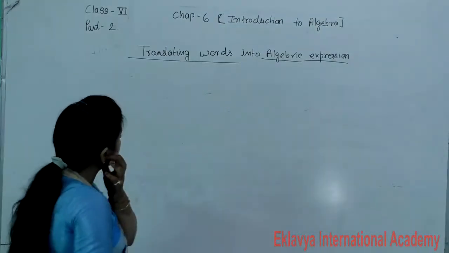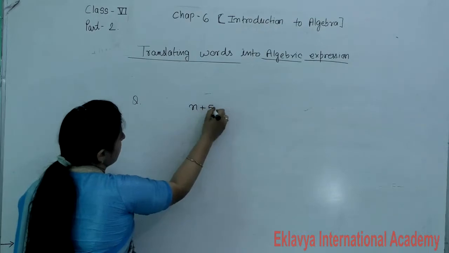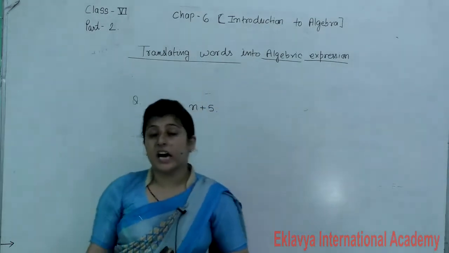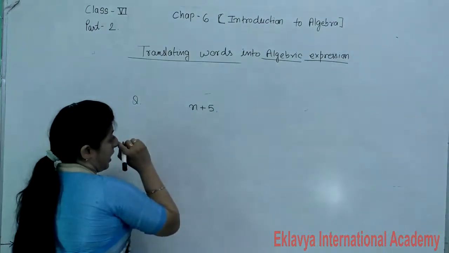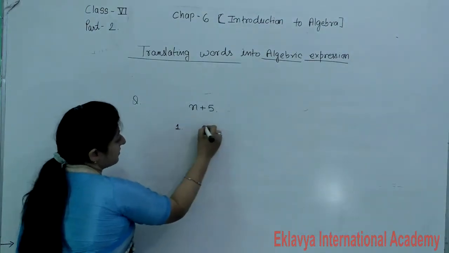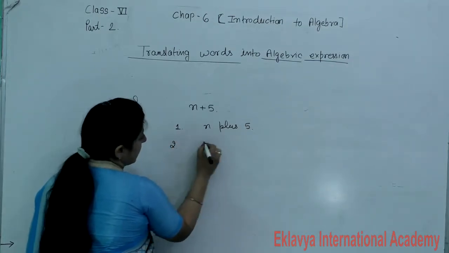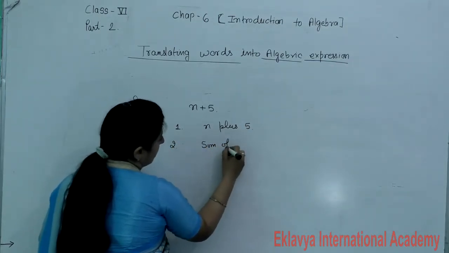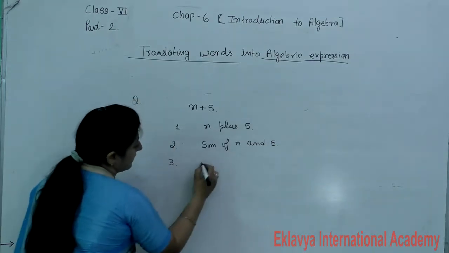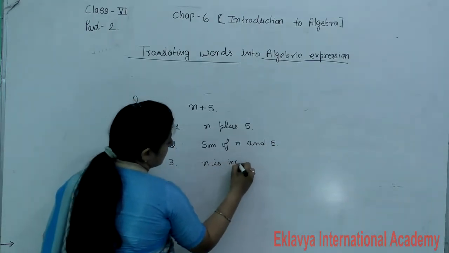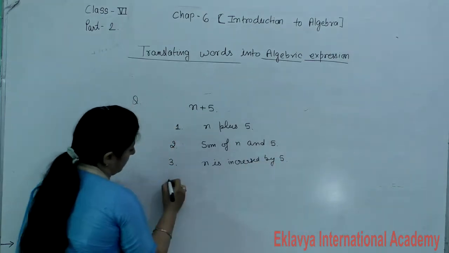Now take an example. Suppose I write down an expression n plus 5. How many ways can we read it? First, n plus 5. Second, sum of n and 5. Third, n is increased by 5.